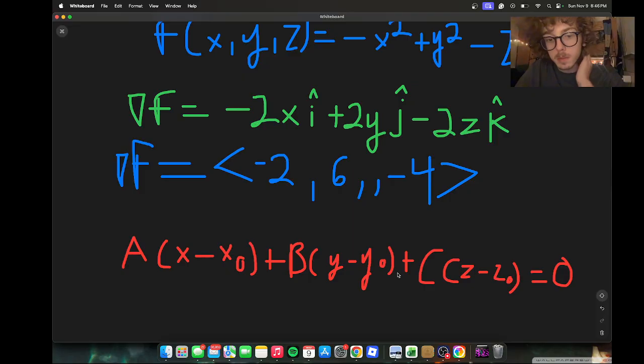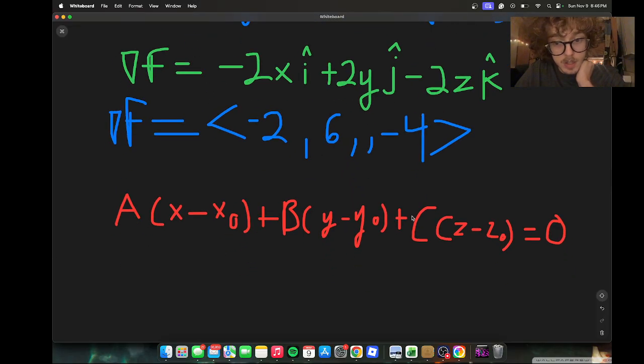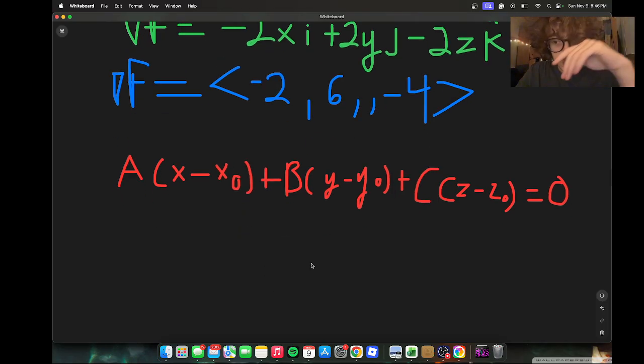So that defines a plane. Remember, this is the dot product of a normal with a line on that plane. Okay, so there's a normal, there's a line. If they're orthogonal to each other, then they'll produce a plane. So this is how we find that.